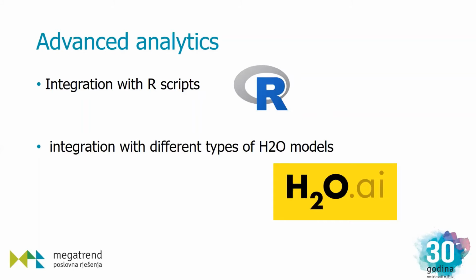H2O is a platform for, let's say, automatic machine learning. You don't have to have programming skills to run models in the H2O. There are lots of models in the H2O by default. You just have to click and set some parameters, and H2O does the rest of the job, and it is integrated with Yellowfin, so you can use those models in Yellowfin.